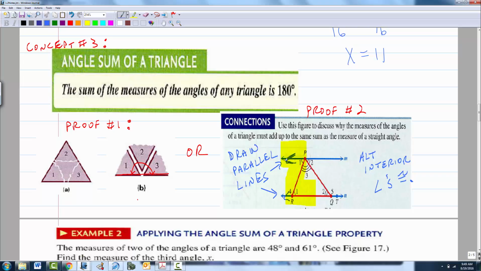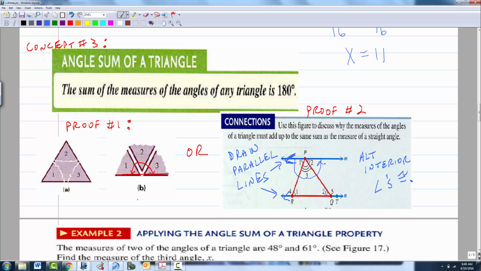So now that I extended this line up here and made this parallel to this line, angle measure 1 is here and also here. And then for the same reason, angle 2 is over here because this is an alternate interior angle situation as well. So if this is angle 2's measure, it is also up there. Erase that. And then, of course, we know that this all adds up to 180 because that's a straight angle.